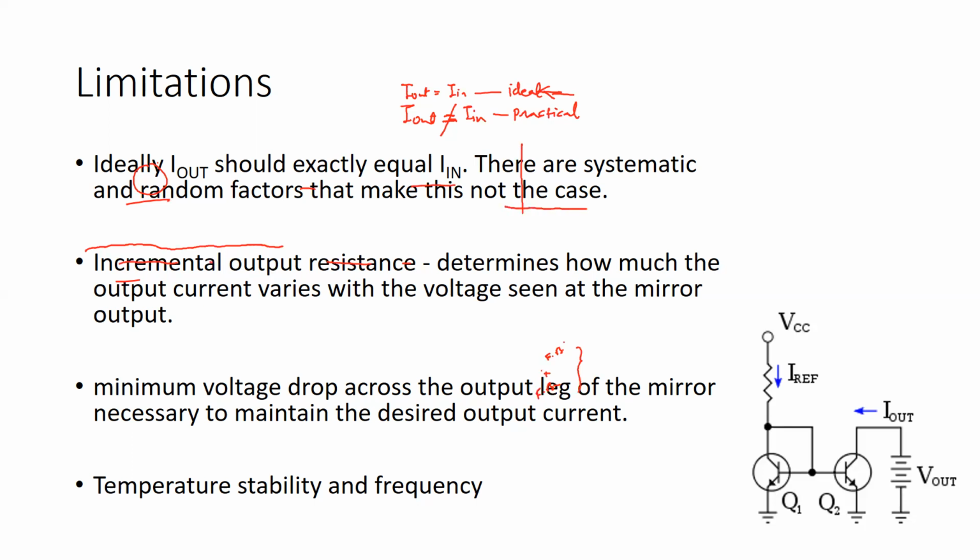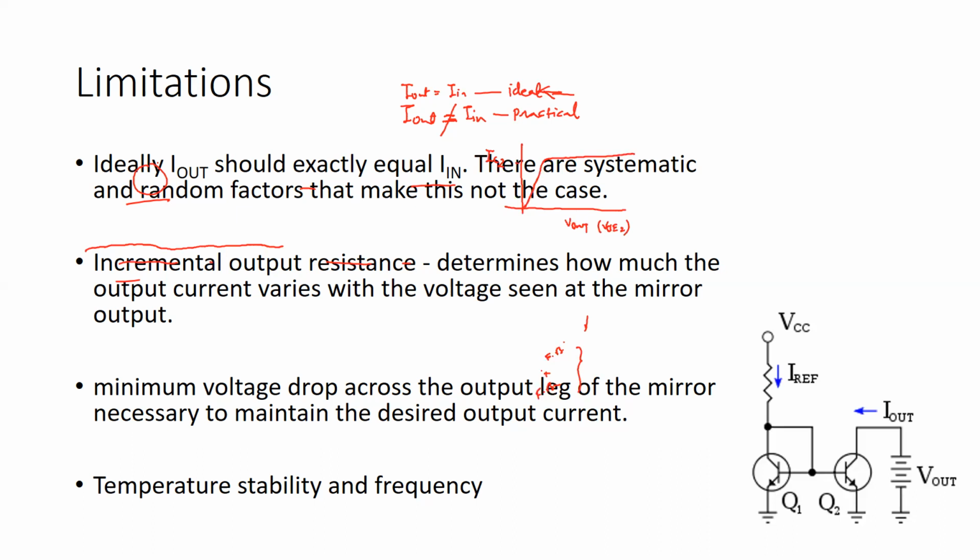So here is your graph. Here is IC2, which is your I out, and this is your V out, that is basically also VCE2. We say this is how your transistor is going to behave.